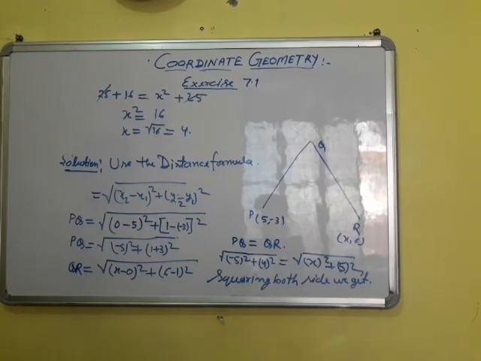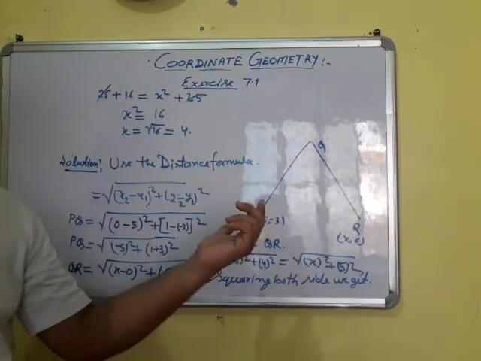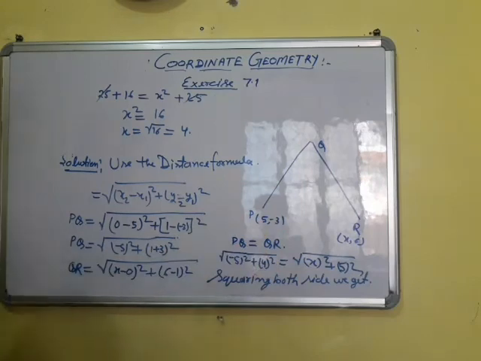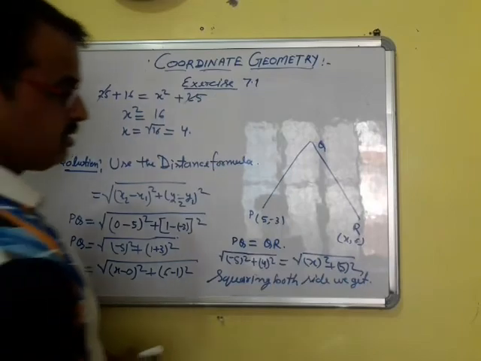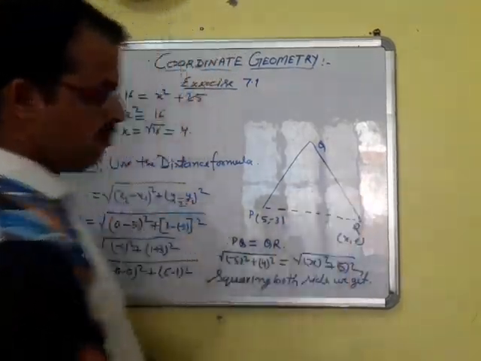Now the next part of the question: also find the distances QR and PR.